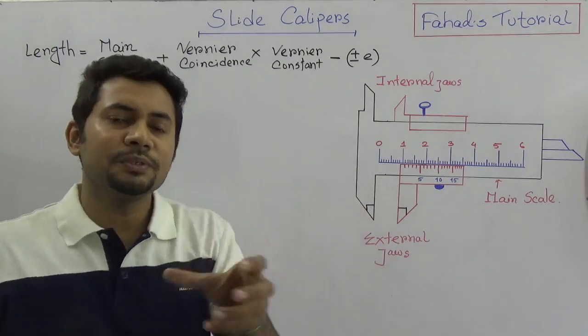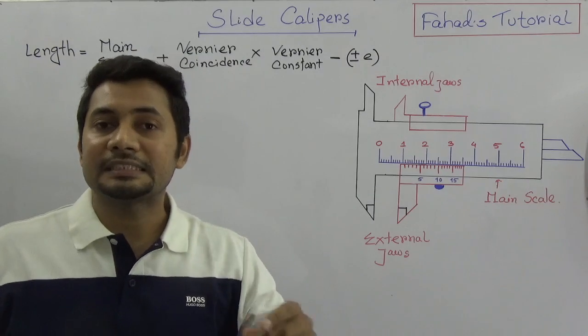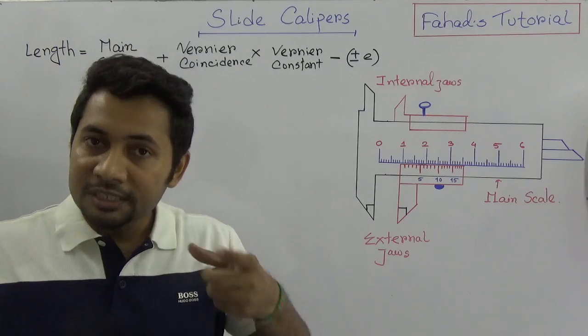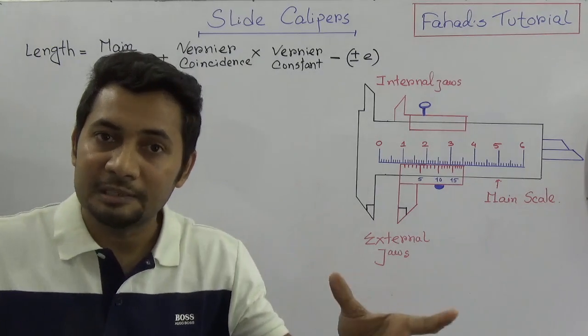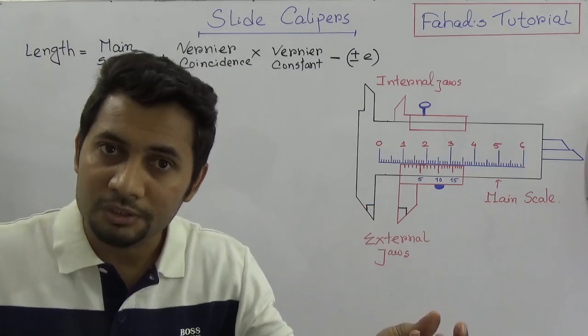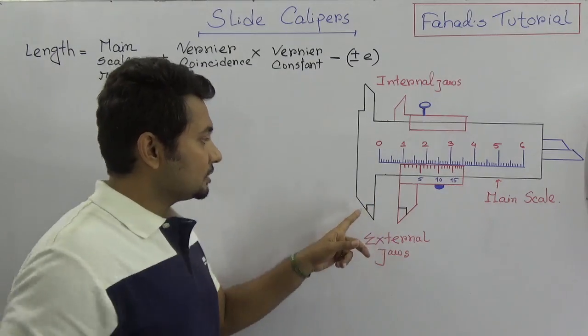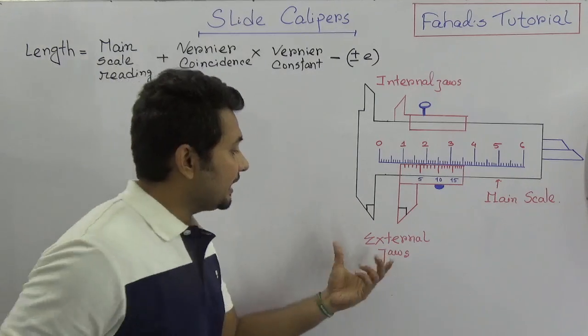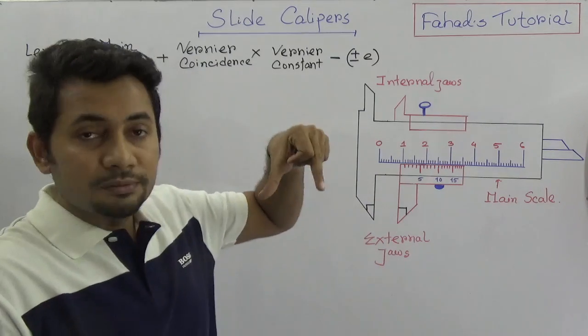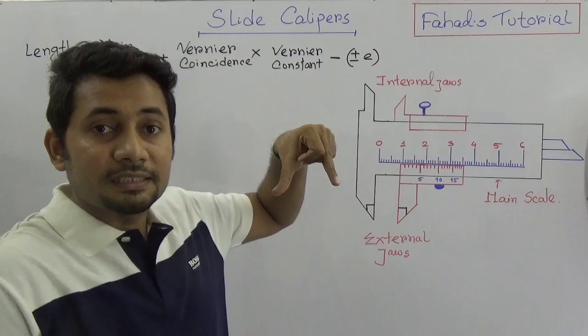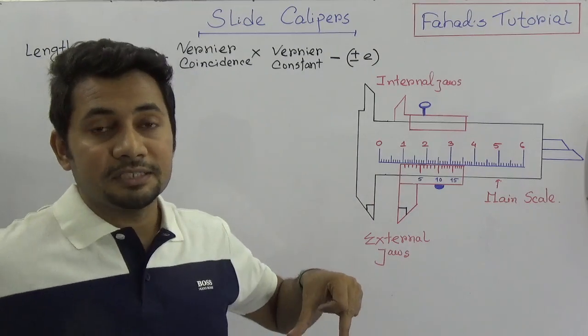As we know, in physics, when we study measurement, we need to know how to use slide calipers, how to use a screw gauge, and the theory behind them. Now think about this. These two external jaws we use to measure the external diameter of anything.